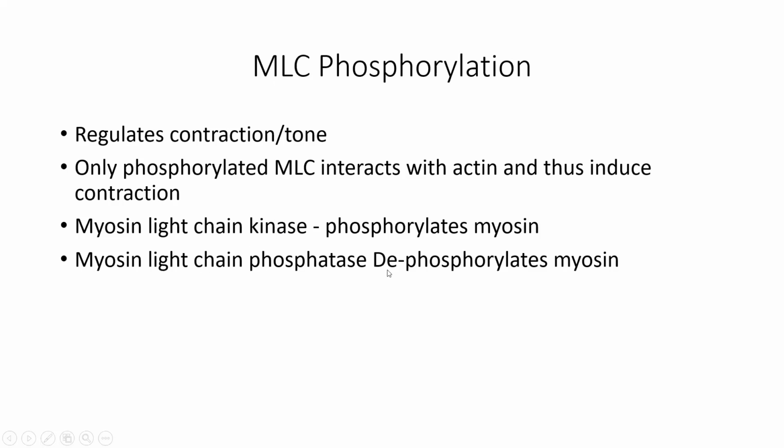Now there are two enzymes: myosin light chain kinase, which leads to phosphorylation of the myosin light chain, and myosin light chain phosphatase, which leads to dephosphorylation of the myosin. Yeah, and as I've mentioned, only phosphorylated MLC, or myosin light chain, can start contraction, but dephosphorylation actually leads to relaxation, the opposite process, okay?